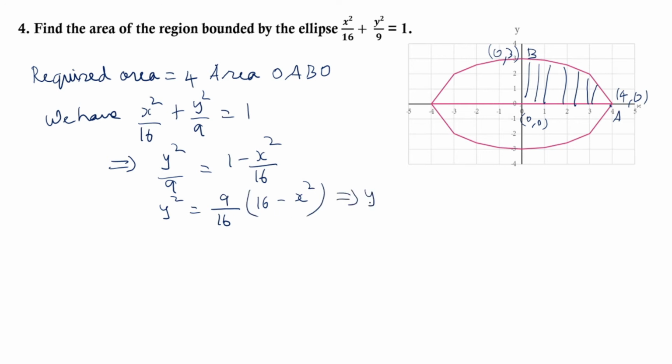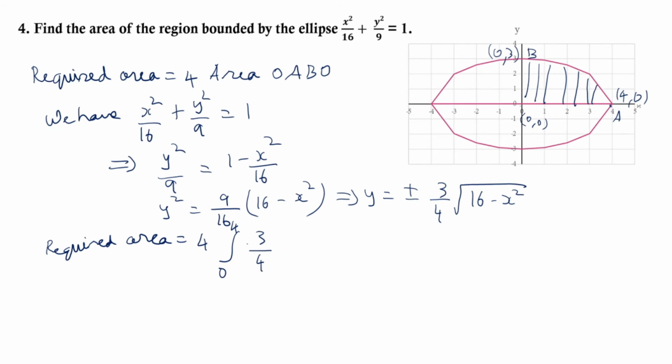From this we have y is equal to plus or minus 3 by 4 root of 16 minus x square. Here, since we are taking only this part, we can take y is equal to 3 by 4 root of 16 minus x square. So the required area is equal to 4 times integral 0 to 4 of 3 by 4 root of 16 minus x square dx. So this 4 will go.